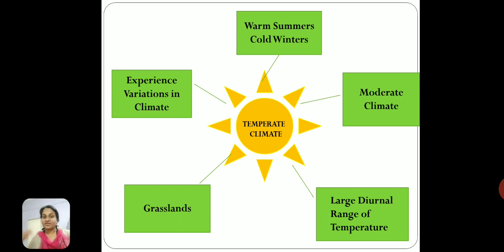It is the difference between the high temperature and the low temperature, the hot and cold in a specific period. Please go back to the climate video and you can revise the diurnal temperature over there again. So in the temperate climate, there's a large diurnal range of temperature. There's a difference between the temperature during the day and the night, and that difference is pretty huge.